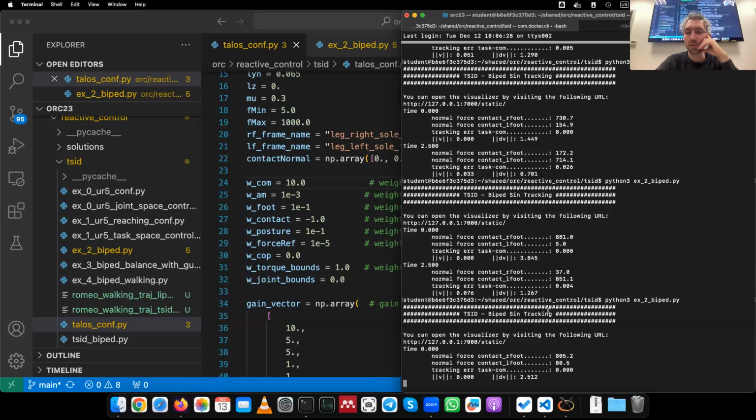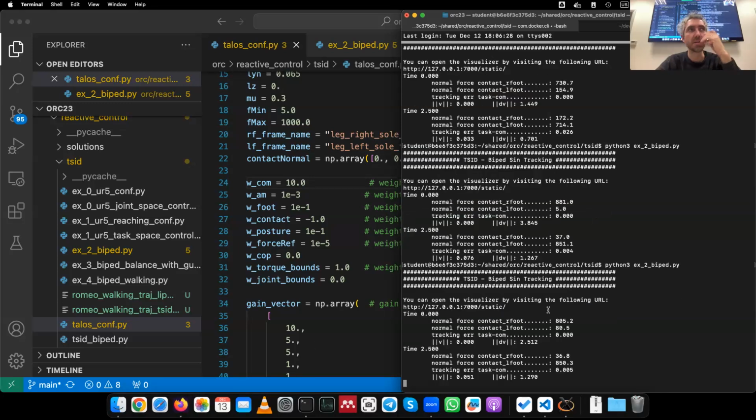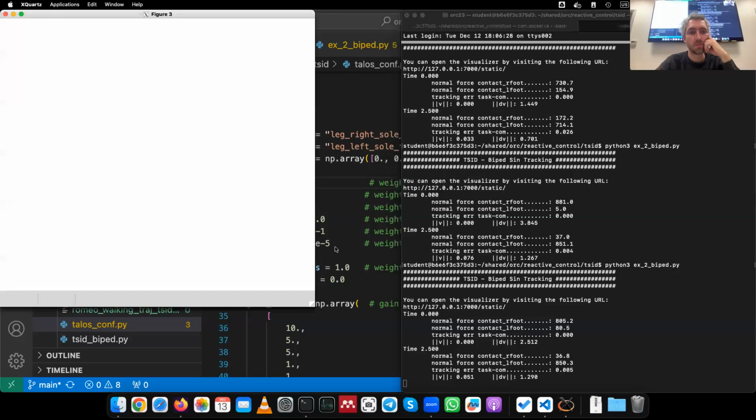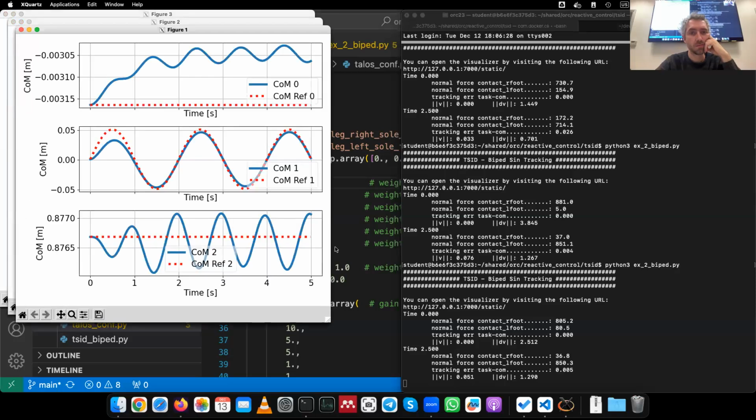It's also possible that the delay is larger when we have higher gains, and I can explain to you why in a second. Let me first check if that's the case. Let's try to zoom in here.